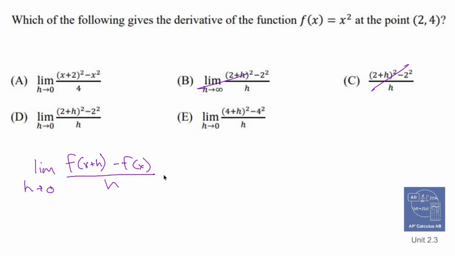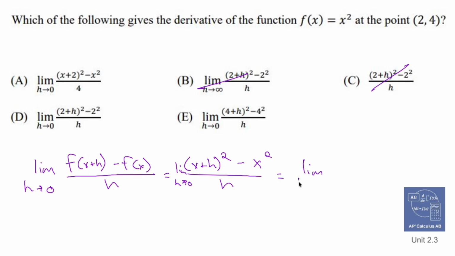Okay, now f of x plus h means I'm going to take f of x and replace every x with x plus h. So you get x plus h squared minus f of x, which is just x squared, all over h. And it's the limit as h approaches 0 of that.